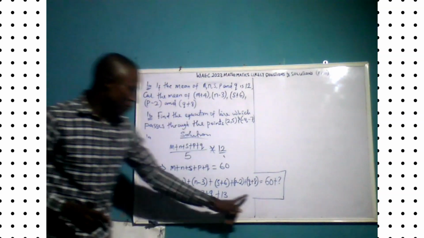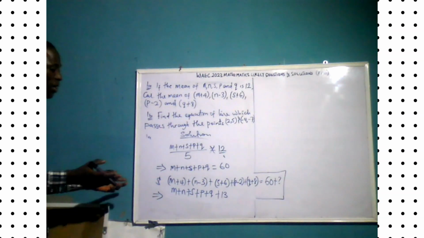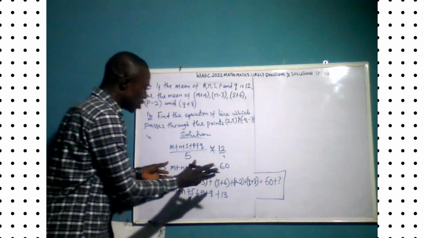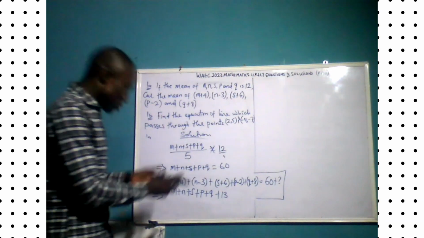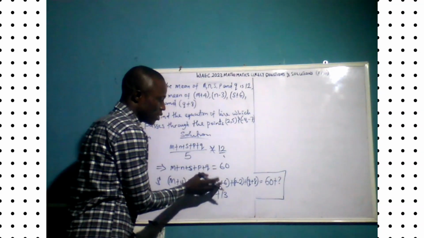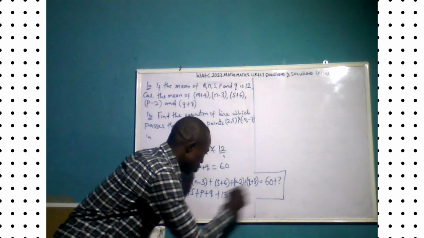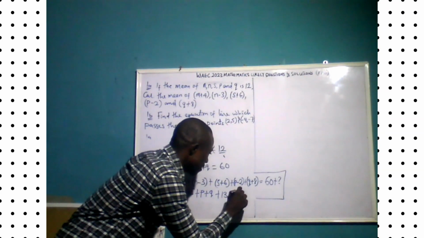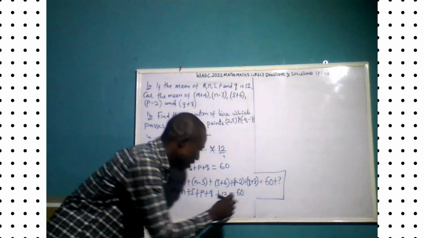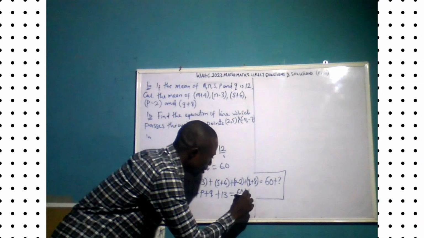If plus 13 is the total sum of the values that have been put into these points to alter them, then plus 13 is the change that happened to this side of the equation. Let that plus 13 be added to the other side too, so that equal change is taken at both sides. So we have 60 plus 13.